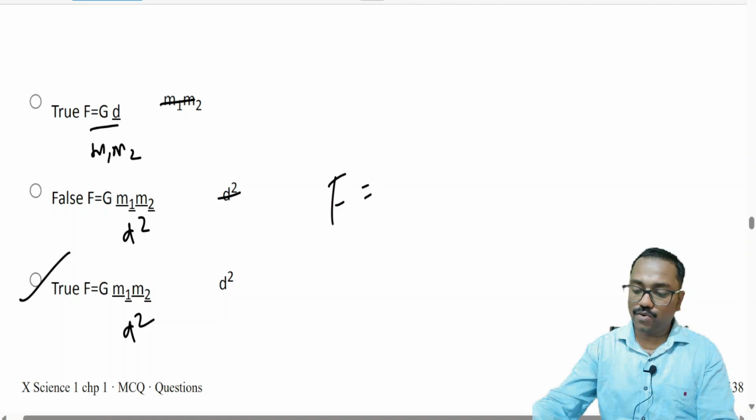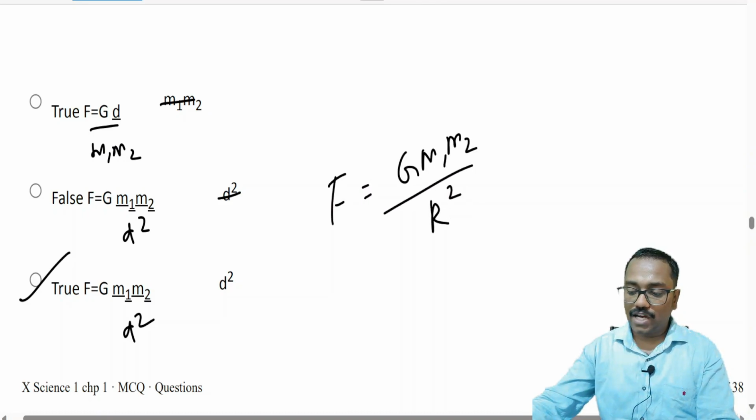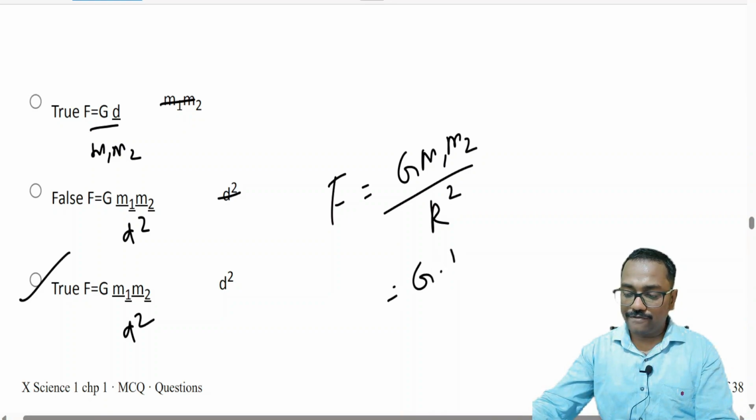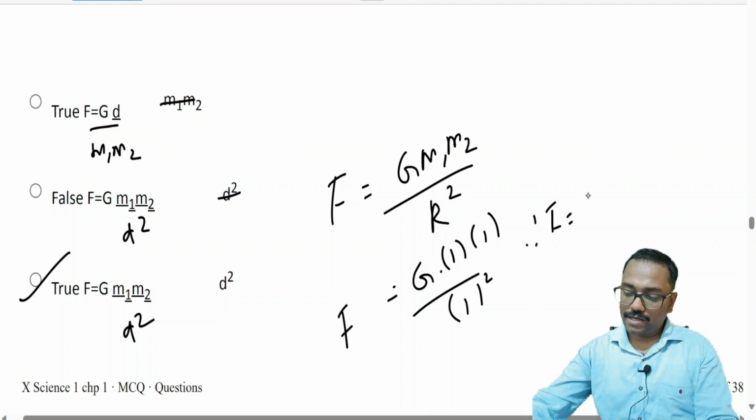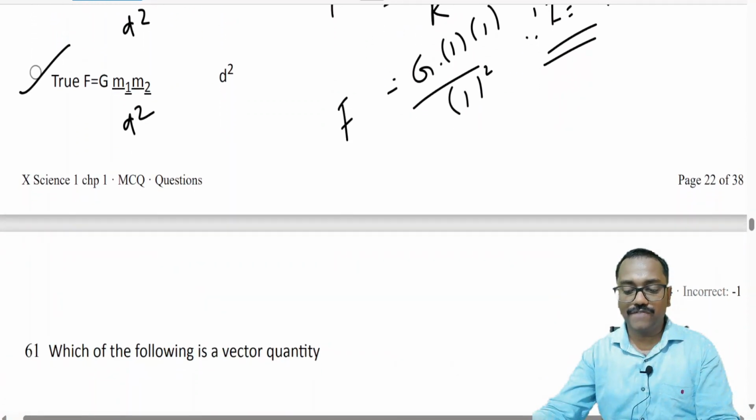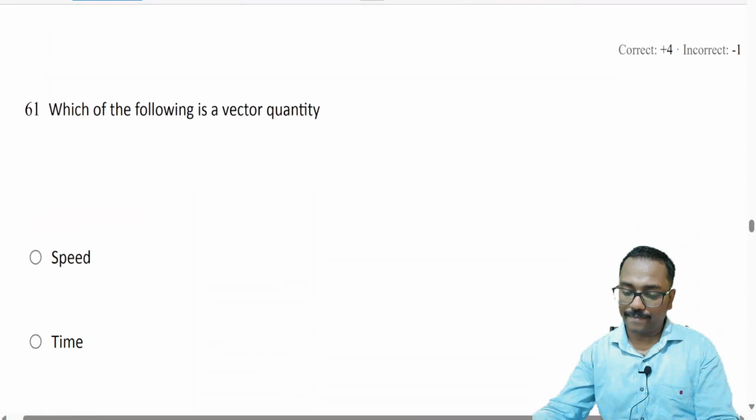Because F is equal to G m1 into m2 upon r square. Now unit masses means here m1 will be 1, r will also be equal to 1 because unit distance and unit mass. So finally you will get F is equal to G. Therefore true, F is equal to G m1 into m2 upon d square.